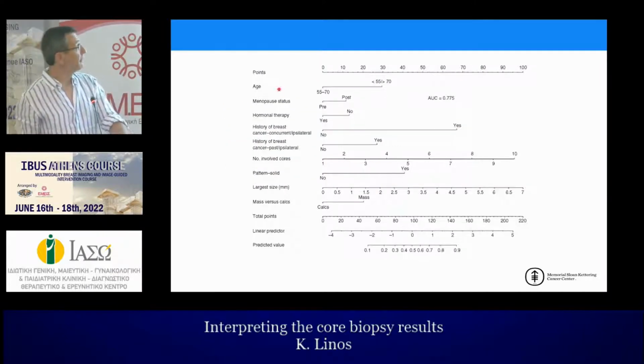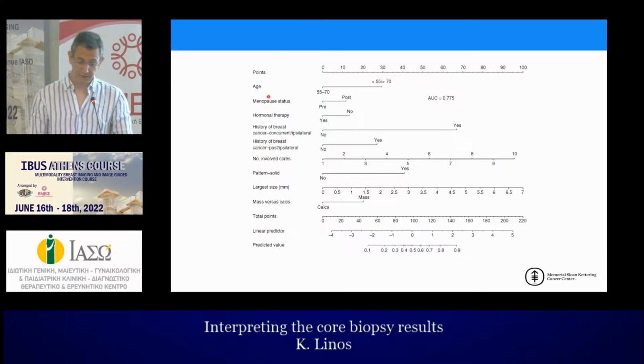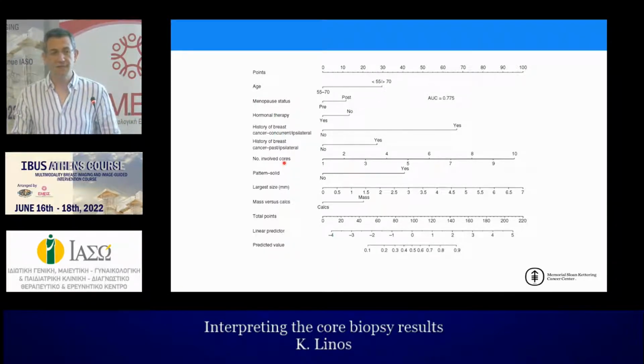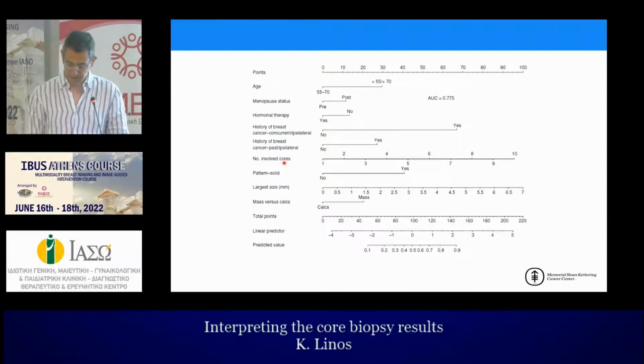They used different variables here. You can see patient's age, mammographic status, hormonal therapy, method of detection, etc. And even if you do that, even in patients who were determined by the nomogram to be least likely to experience an upgrade, they still have a rate of about 8% to be upgraded.